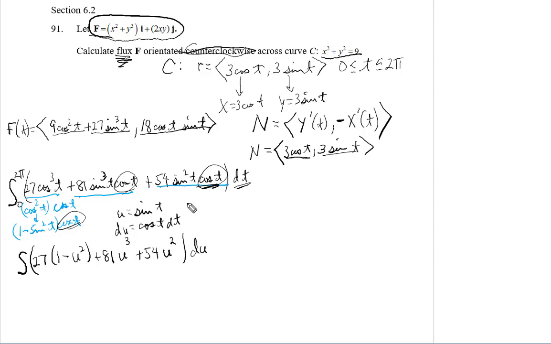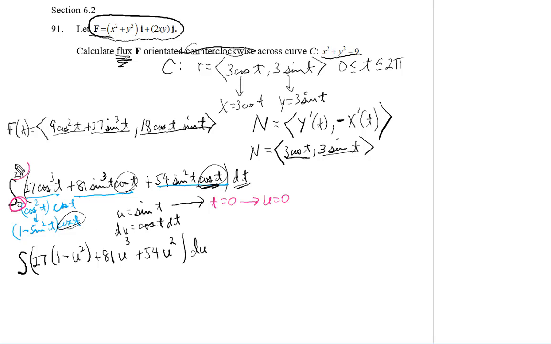Now, if we do the conversion from t's to u's, we also need to convert our limits. We've got t equals 0, which converts to u equals sine of 0, or just u equals 0.